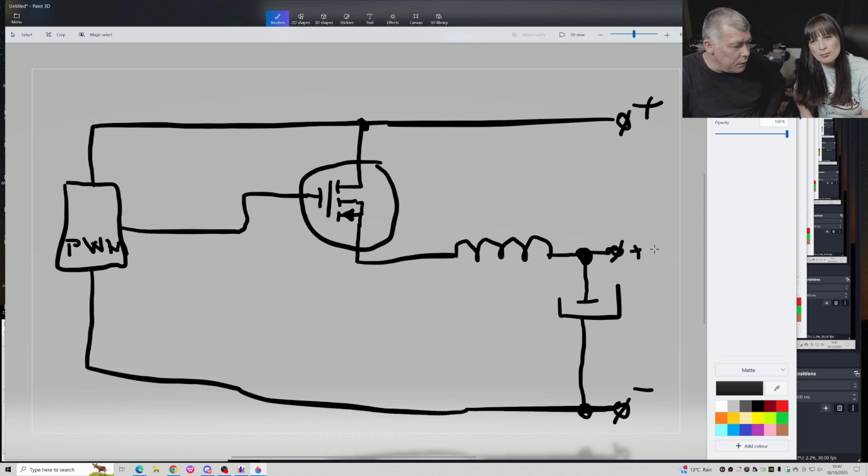Will this circuit work? That's a tricky question. It's a trap. It's the same as when I ask you what's wrong with you, and you say nothing. So, will this circuit work or not? It's a very simple question.